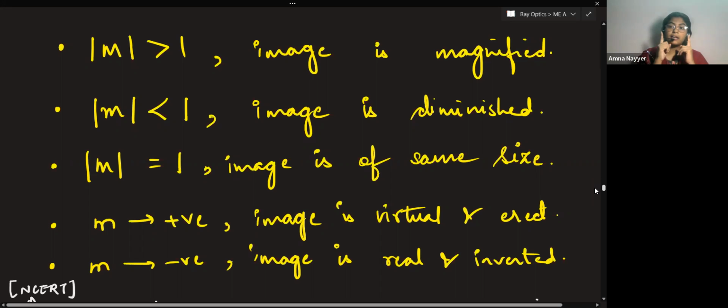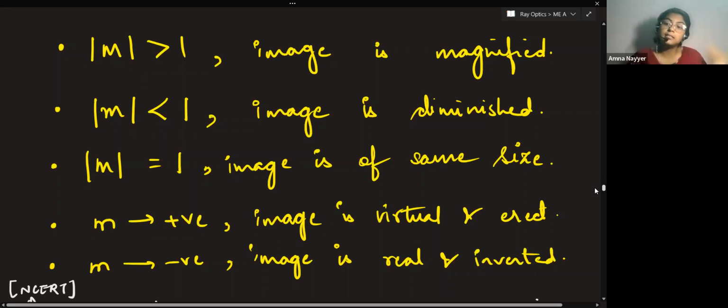If the magnitude is exactly equal to 1, the image will be of the same size. So if I say minus 3, you will just focus on 3, and 3 is greater than 1. Please, class, focus that this is the magnitude.